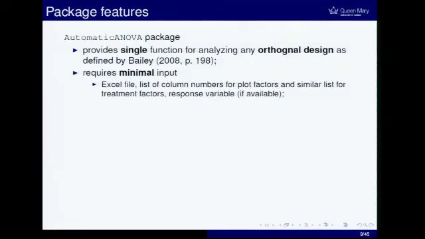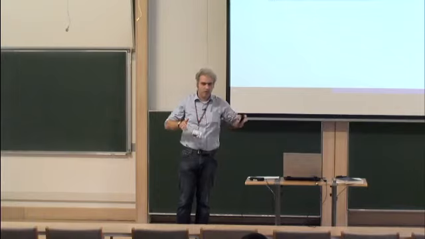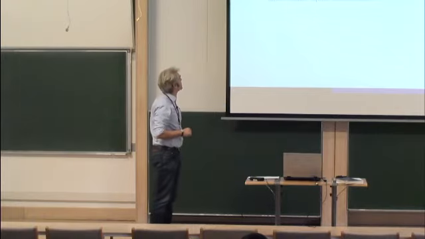Now, because I had this customer in mind, the package requires only minimal input. What I mean by that is actually an Excel file containing some columns for some factors, and I will show an example later on.